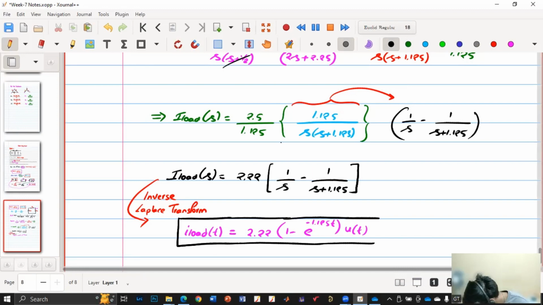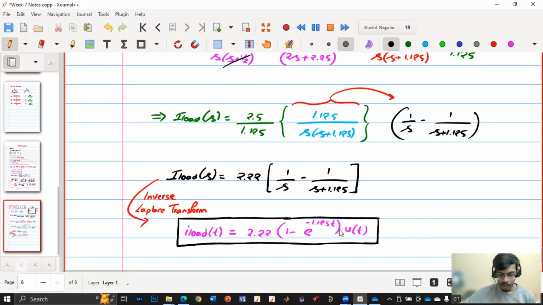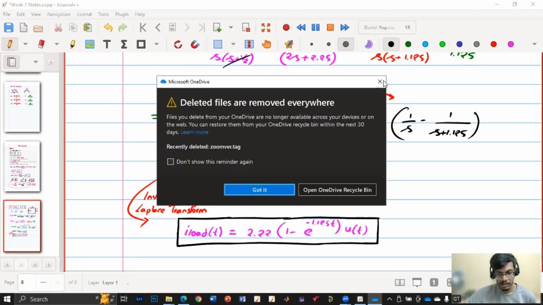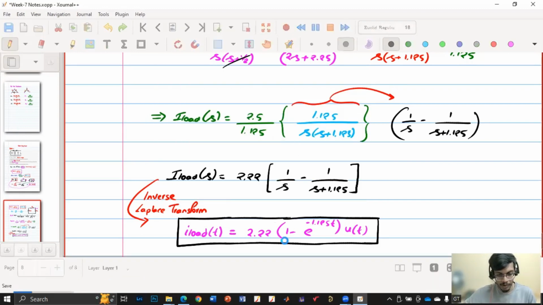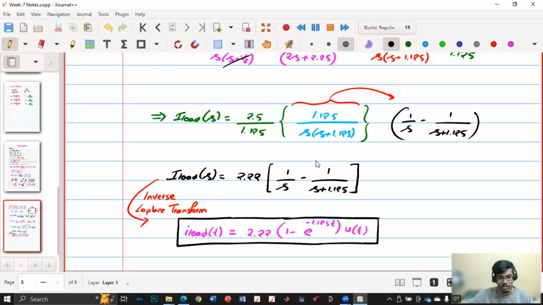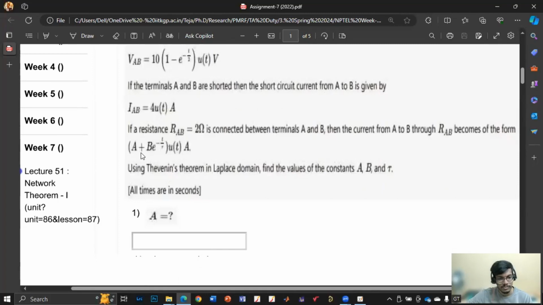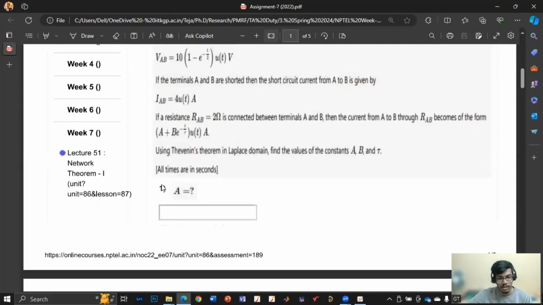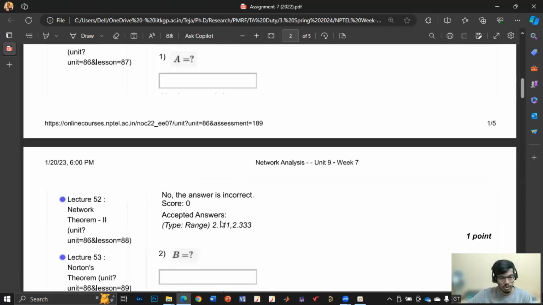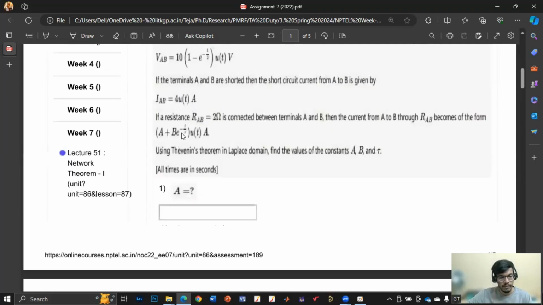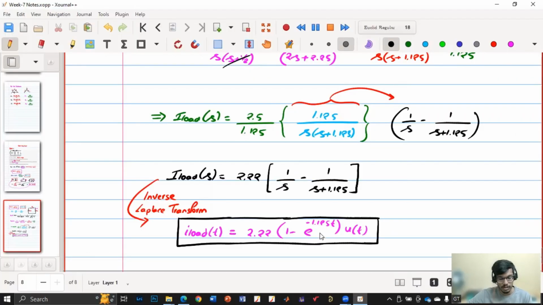So this is the expression that I got for I load of t. Now I'll go back to the question and see what they are asking and whether my answer is matching with them or not. So this is my 2.22 into 1 minus e to the power minus 1.125t. So let us go back here. What is the value of a here? 2.22, yes, it is matching. And what is the value of b? Minus 2.22.